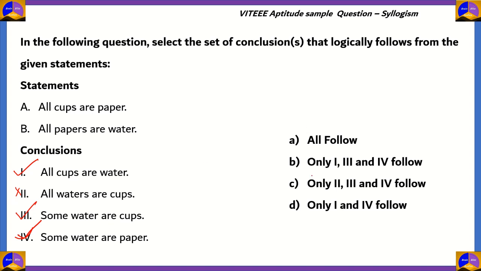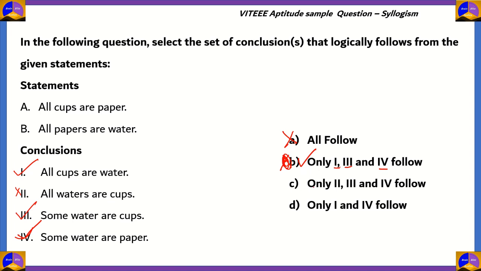And therefore, the correct option among the 4 will be option B, because option B gives us the correct conclusions that follow. If you were to select option A, then you can see that it also says that statement 2 is correct, whereas it's not correct.